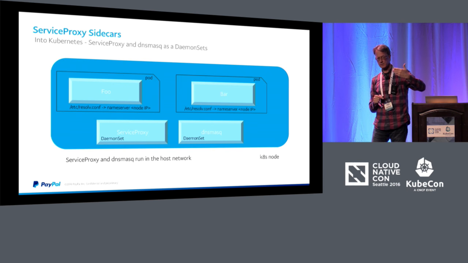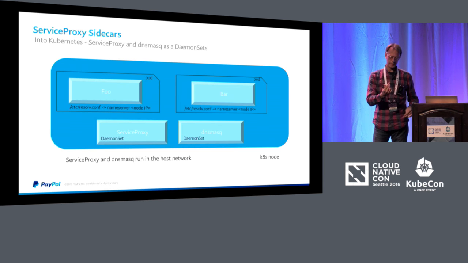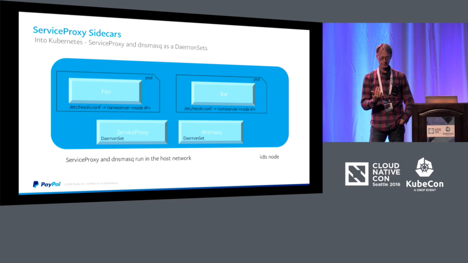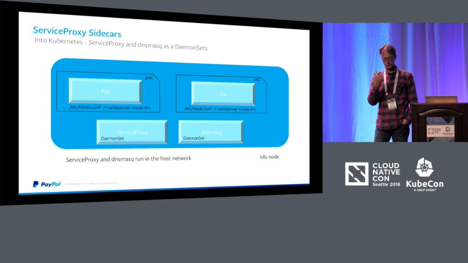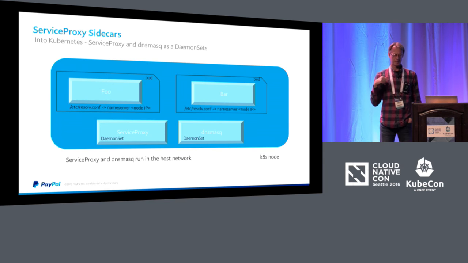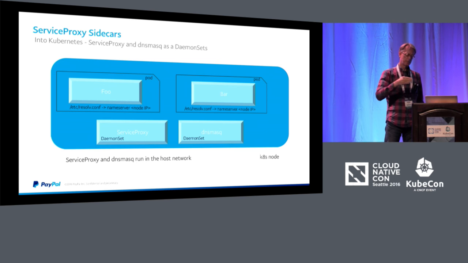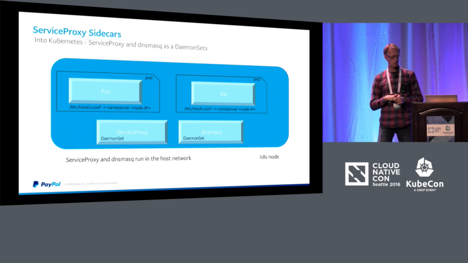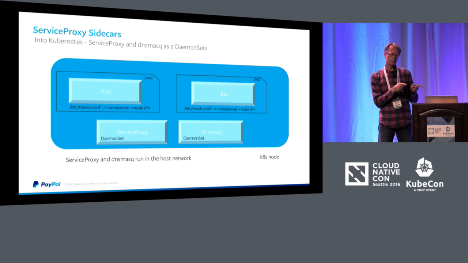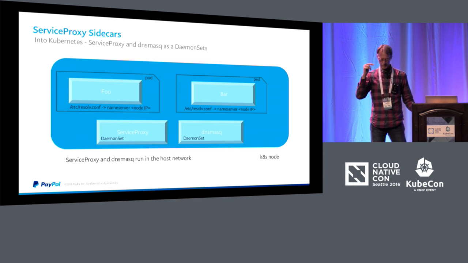So now when the container goes to look up any name, it's directed to the node IP, which turns out to be dnsmasq running on that node in the host's network namespace, returning the node IP itself in response to any question on Zoom API, which, when you want to interact with a host in that domain, sends the request to service proxy running on the node in the host's network namespace. So this is the functional equivalent of locating a service proxy inside of every pod.